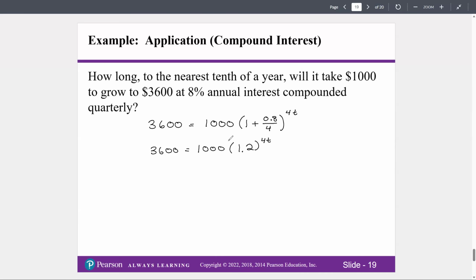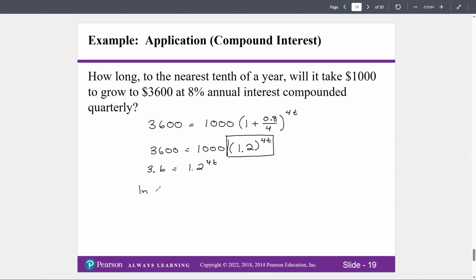Okay. So we have an exponent here, so we want to isolate the exponent. We're going to divide by this 1,000, which is going to leave me with 36. And we can get a decimal version of that. So 36,000 divided by 1,000 is going to be 3.6, which is equal to 1.2 to the 4t.